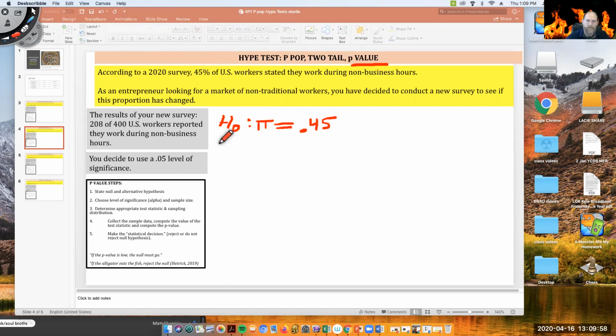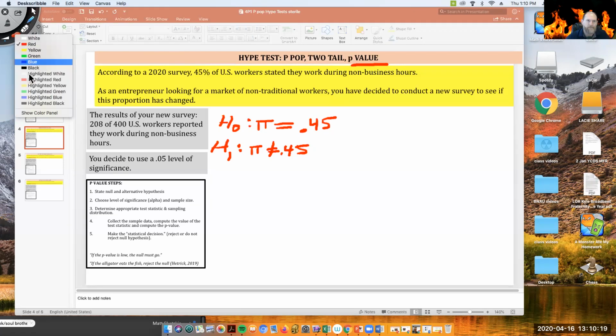Our alternative is that P pop is not equal to 0.45. You'll notice that that did not change from how we worked this previously to now. Okay, cool. Let's go on to the second step.